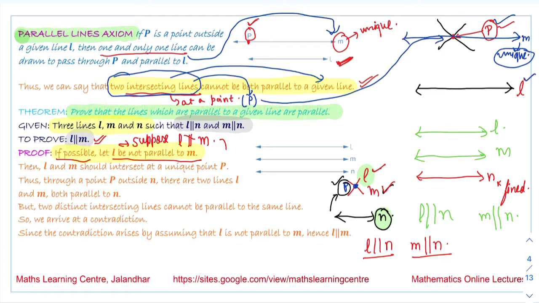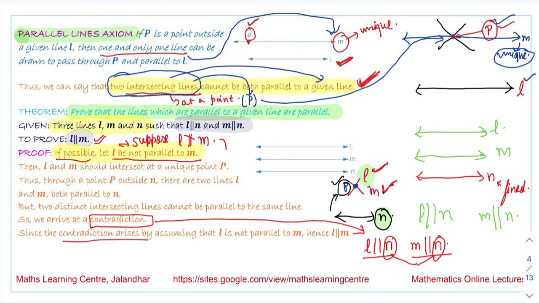So we reach a contradiction, because L and M are intersecting lines, but they are parallel to the same line N. This is where we get the contradiction. The contradiction arises because we assumed something wrong. Our assumption that L is not parallel to M is wrong. So L is parallel to M.